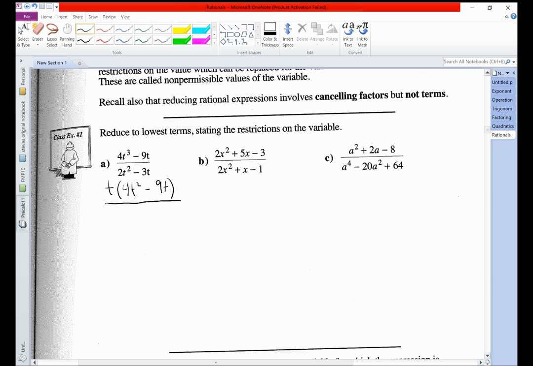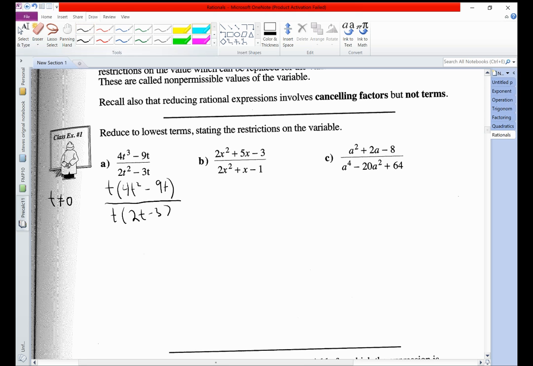And then the bottom, we can pull a t out as well. So now we have 2t minus 3. Now that we've got the denominator split up into factors, we can state our non-permissible values. So we can say t cannot equal, well, we can't have 0.